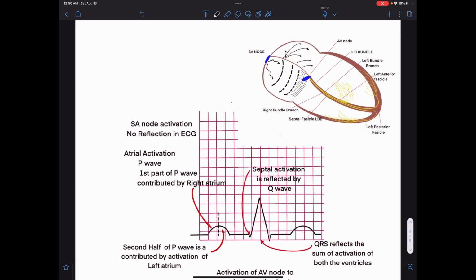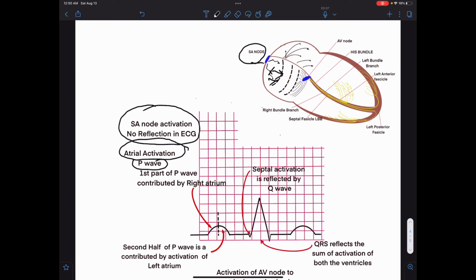The SA node activation does not produce any reflection in the ECG. So there is no point from where you can judge that the SA node has activated. But when it stimulates the atria, that is the atrial activation, it is marked by the presence of the P wave.